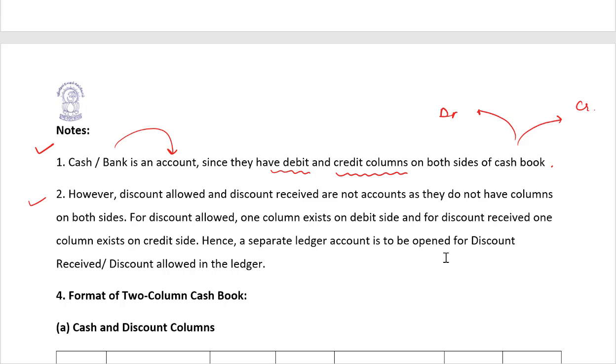For discount allowed, one column exists on the debit side. For discount received, one column exists on the credit side. Hence, a separate ledger account is opened for discount received as well as discount allowed in the ledger only.